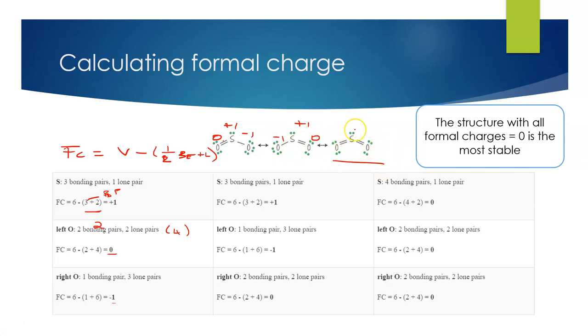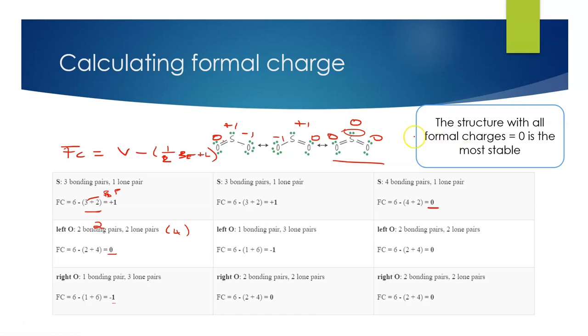Sulfur now has 6 valence electrons still, but it has 4 bonding pairs and 1 lone pair, so 2 lone pair electrons. When we calculate that out, it will be 0. For the oxygens, 2 bonding pairs and 2 lone pairs, so we get 6 minus 6 is equal to 0. And then for the last one, it's exactly the same, so it will also be 0.